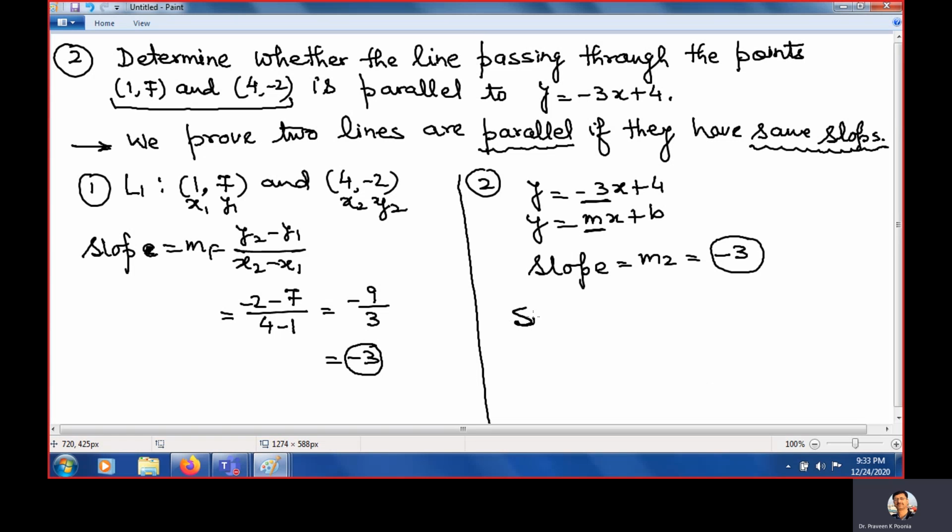So since m1 is equal to m2, therefore the slopes are the same, therefore the lines are parallel. Clear? This is the second type of question.